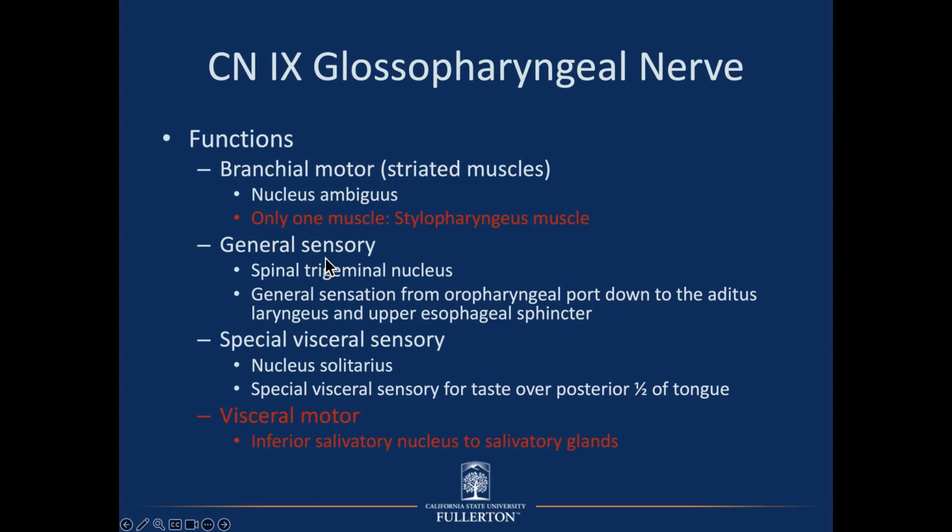All right, then there's a general sensory component, and that involves the general sensation from the oropharyngeal port down to the aditus laryngis and the upper esophageal sphincter. So it's the whole pharynx, but not down into the larynx. The aditus laryngis is the opening into the pharynx.